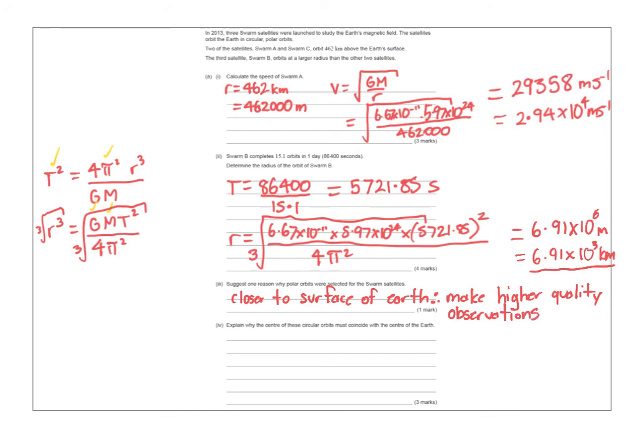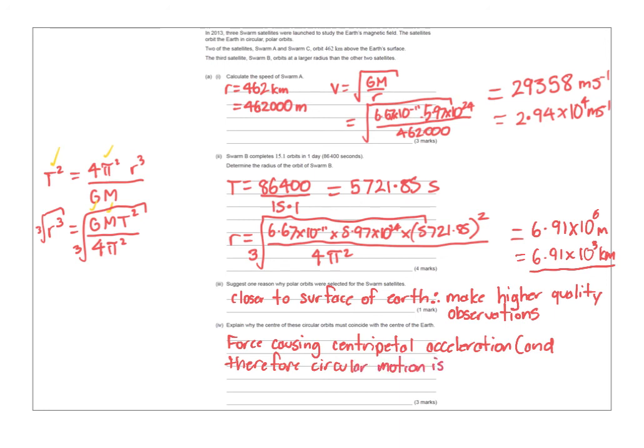And finally, explain why the centre of these circular orbits must coincide with the centre of the Earth. Well, the force causing centripetal acceleration, and that's what causes circular motion, and therefore circular motion is gravity.